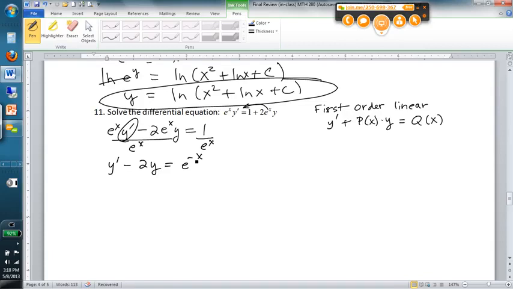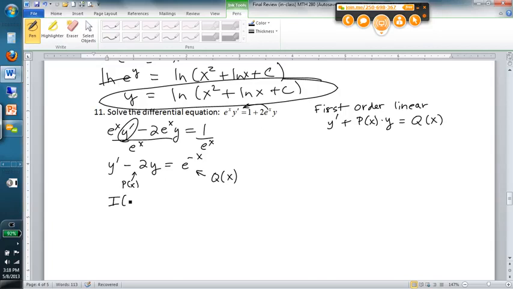With me so far? So there's my p of x. P of x is negative 2. And my q of x is e to the negative x. Now what do I do with that? That's where we also are going to do an I of x, an integrating factor, they call it. So that's, I guess, where the I comes from.